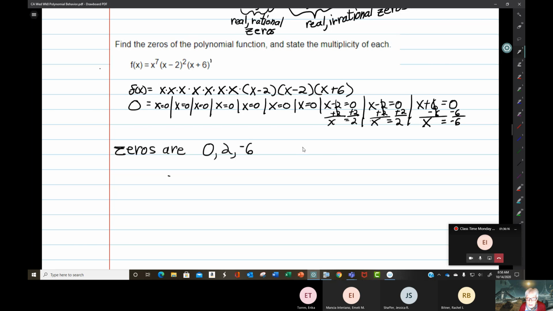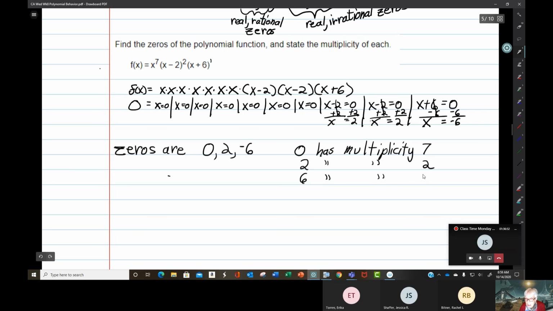Now, 0 has multiplicity seven. 2 has multiplicity 2. 1, 2. Negative 6 has multiplicity 1, because it only occurs once.